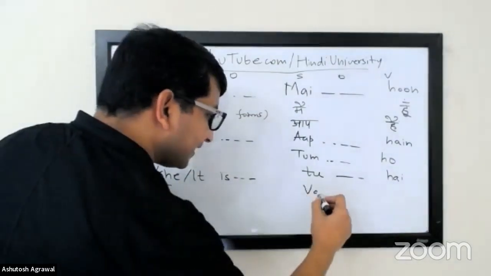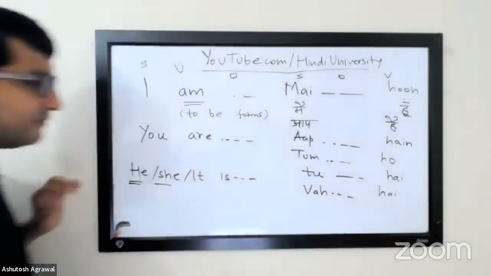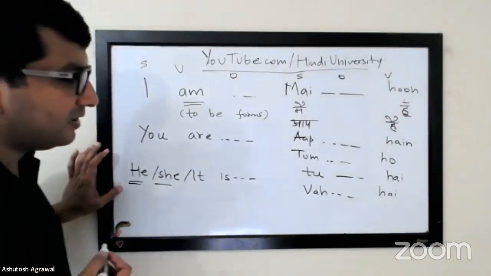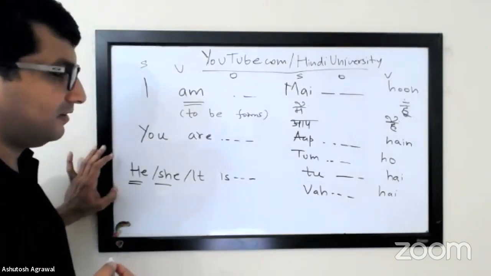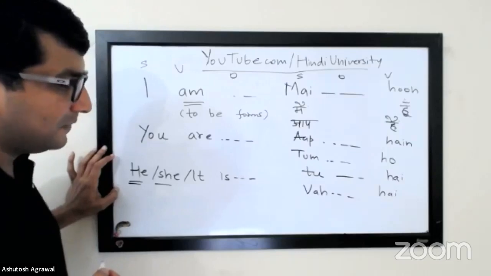Very good. Can you give some examples of it? वह इंजीनियर है, he is an engineer. Okay, some more. वह शिक्षक है, he is a teacher.